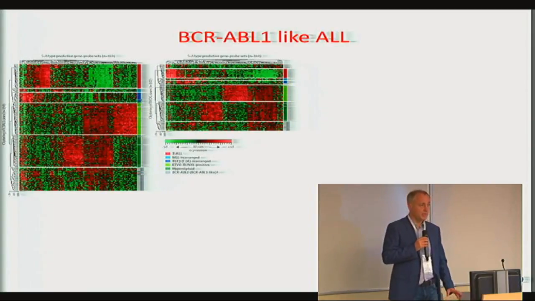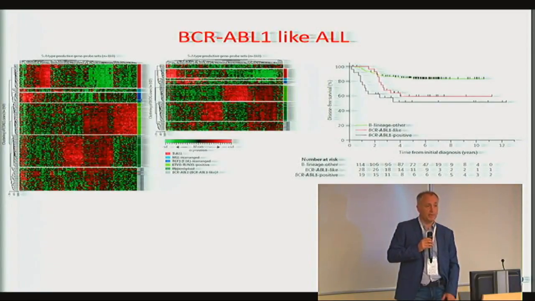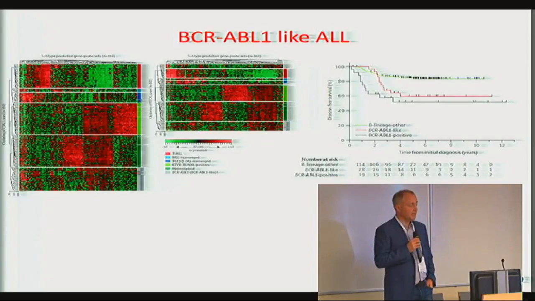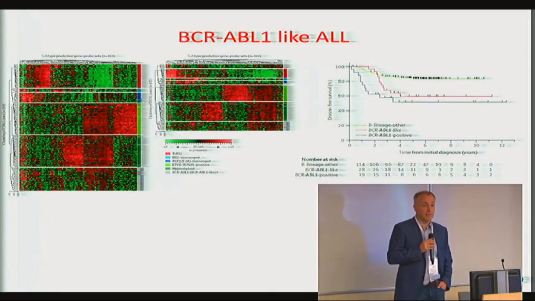Based on the expression profiling, they found another subtype of leukemia with an expression pattern very similar to the pattern observed in BCR-ABL leukemia. So they call it BCR-ABL-like because of the expression level.